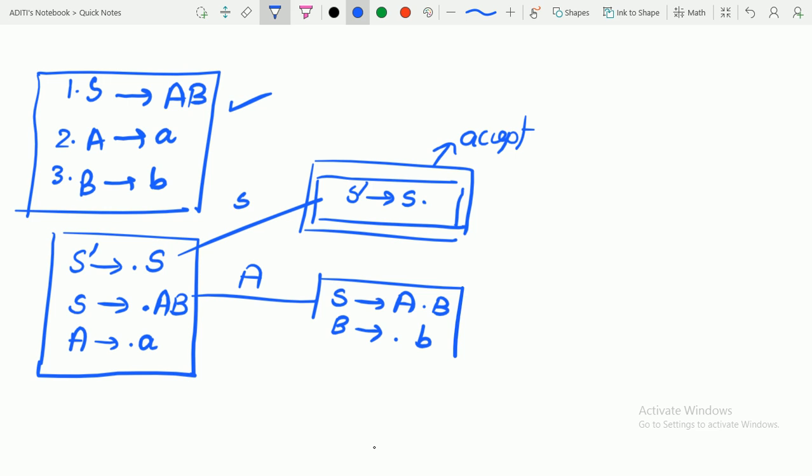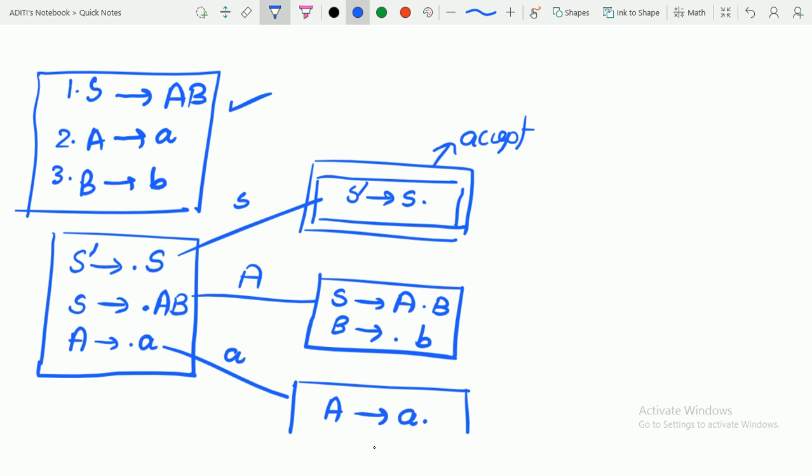This is the end of this state. Now for this state, upon getting a, the goto will shift the dot to the right, so here the dot is complete, the dot came to the right-hand side.